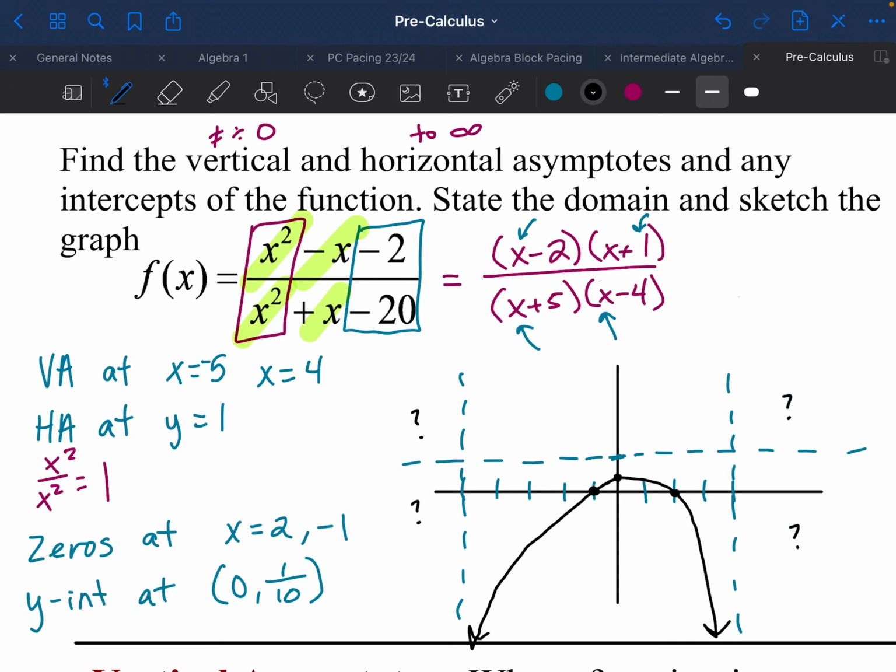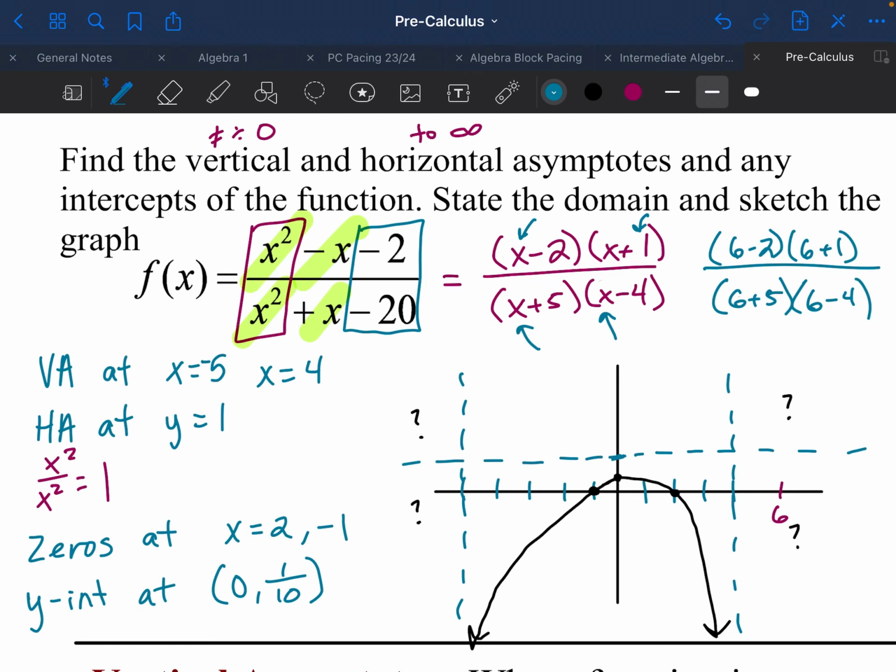So if I were to plug in a number bigger than 4, let's say 6. Is that going to be greater than 1 or less than 1 is the question. So I go and plug in 6: 6 minus 2 times 6 plus 1 over 6 plus 5 times 6 minus 4.